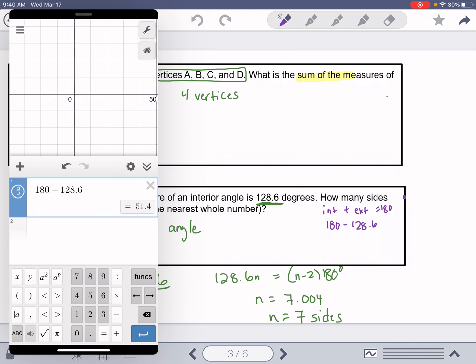That's 51.4. So 51.4 is what the outside angle is.